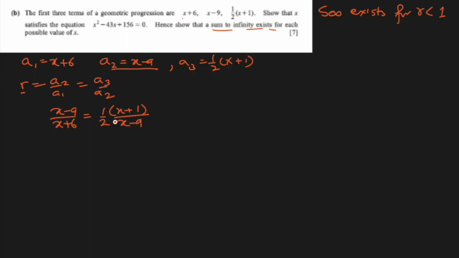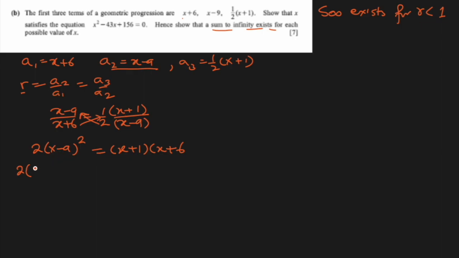It will multiply with the denominator 2, and now we can cross multiply this and this. So 2 times x minus 9 square equal to x plus 1 times x plus 6.